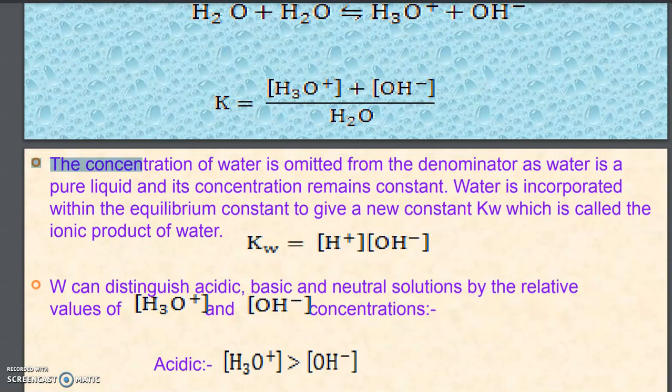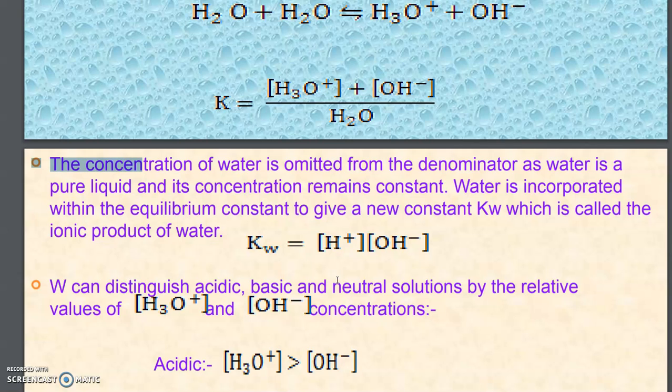The concentration of water is omitted from the denominator as water is a pure liquid. We know water is a pure liquid, so its concentration always remains constant, and we can omit it from the denominator. So there will be only the concentrations of the products in the equilibrium constant.